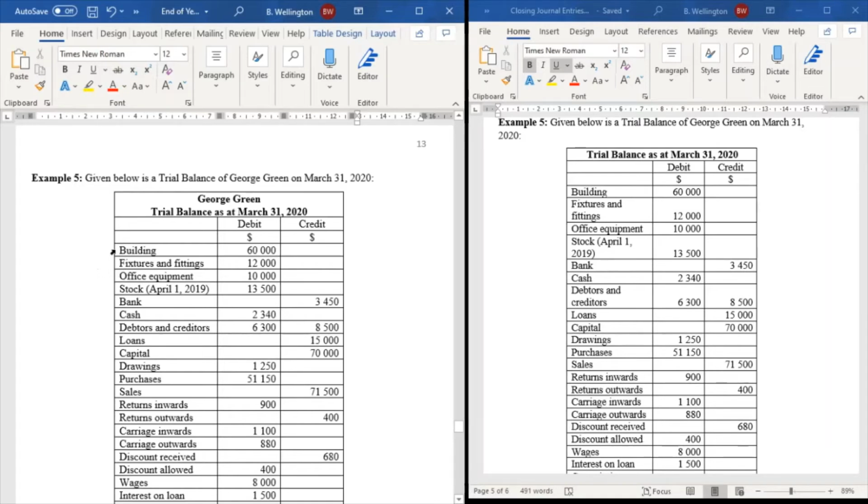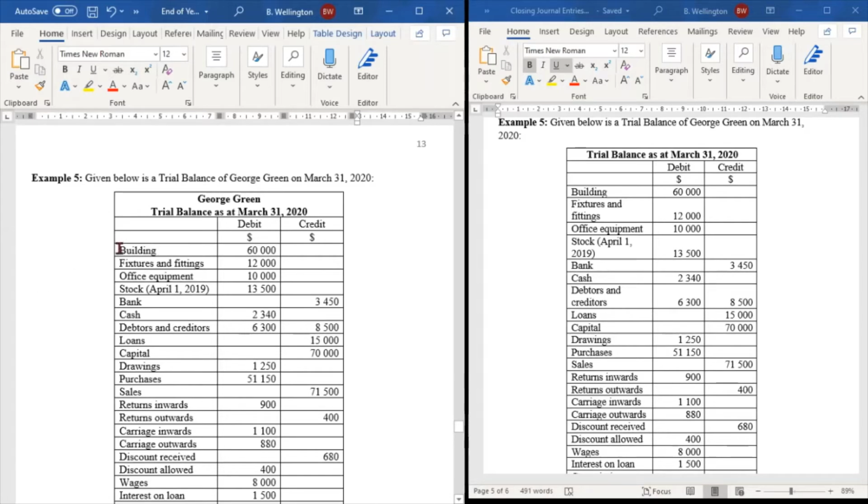Okay, so you're going to go down the list, and if the item belongs to the trading account, you just put a T beside it. If it belongs to the profit and loss account, you can put a P beside it. And if it belongs to the balance sheet, you can put a B beside it. Okay, now let's do that.